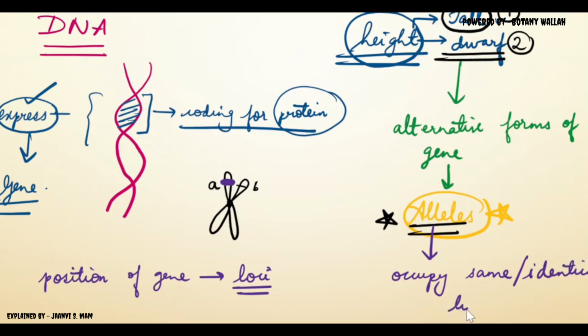Identical loci means it will be present on the same loci, as you can see with A and B gene in this particular example. So this is the concept about gene and the concept about alleles.